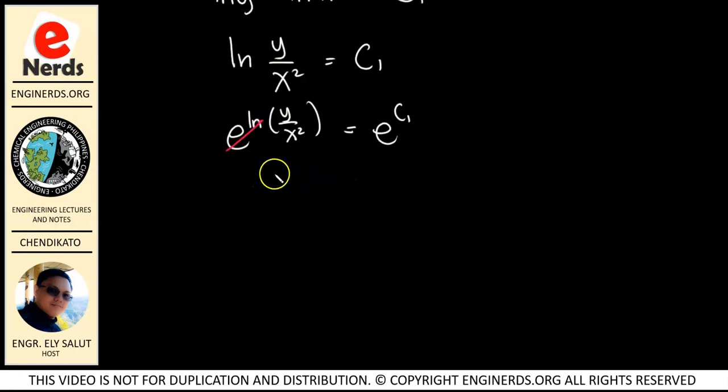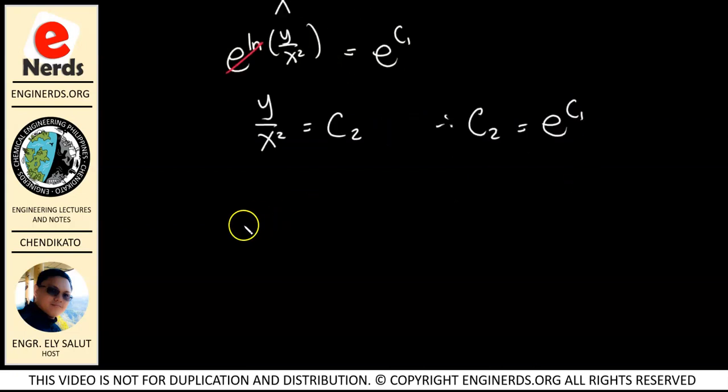So, therefore, I will have here y over x squared is equal to, now, I don't want to write it like this. So, I'm going to write this as c2. Okay, where c2 is equal to e to the c1 para mas madali yung ating pag-analyze ng ating equation.